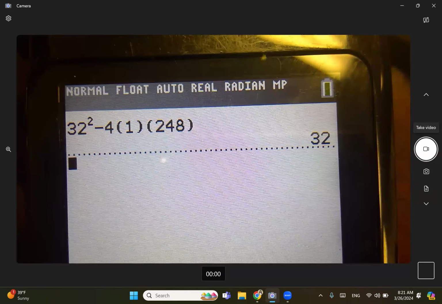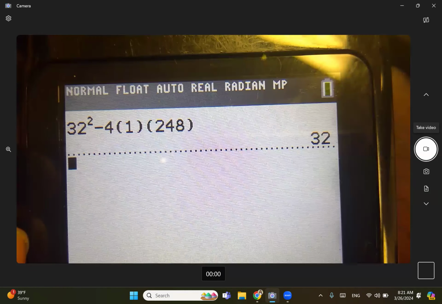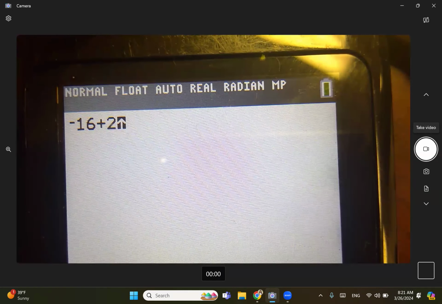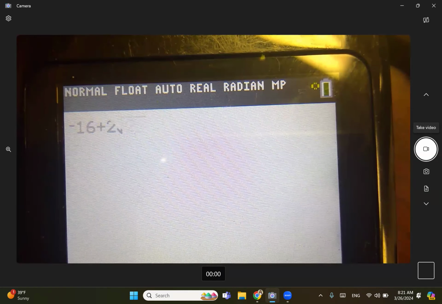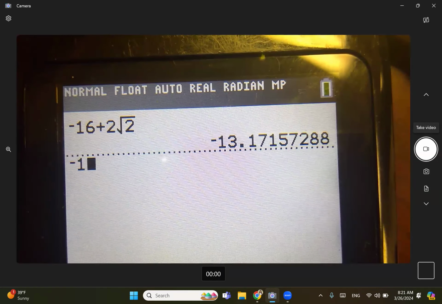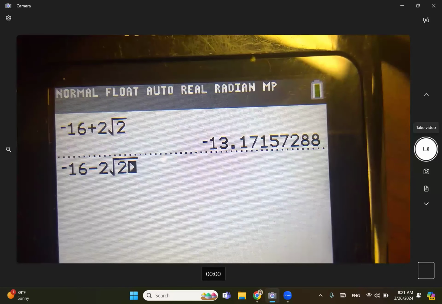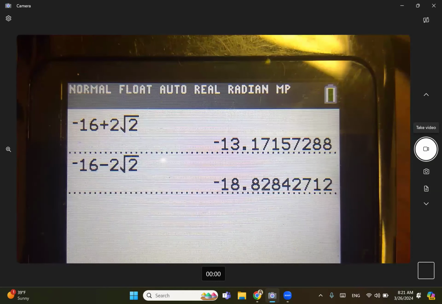And then also negative 16 minus 2 square root 2. Those are the decimal forms of the correct answer.